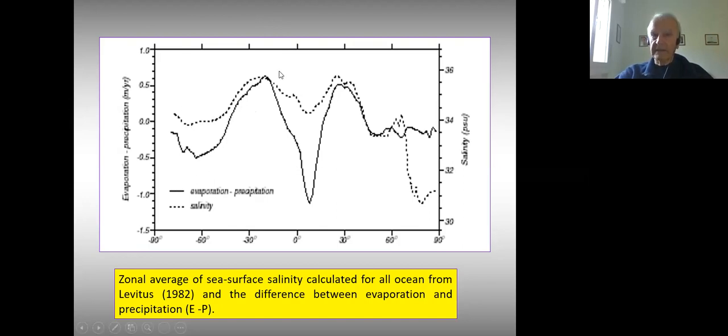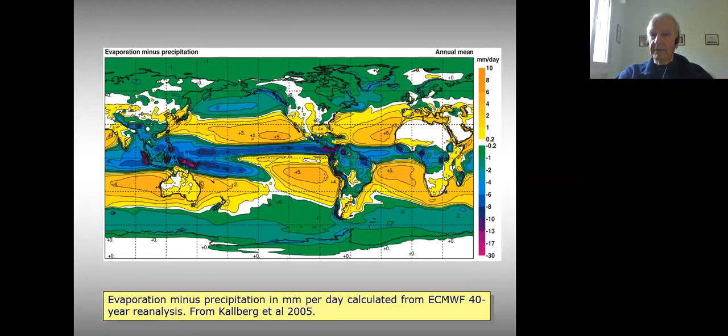So this is how salinity looks. You can see the salinity really follows pretty well what is happening in the climate, in the ocean, in the atmosphere. Evaporation minus precipitation in millimeters per day, and here is the 40-year average.